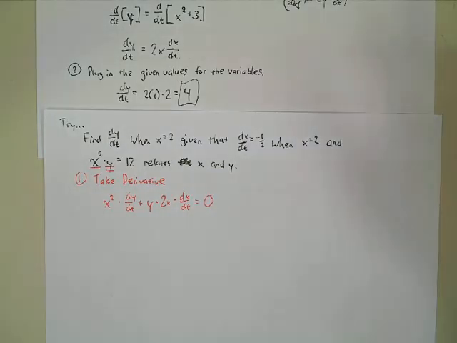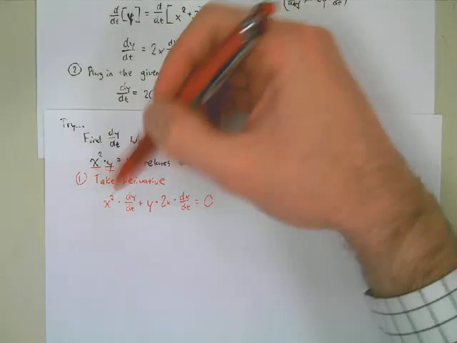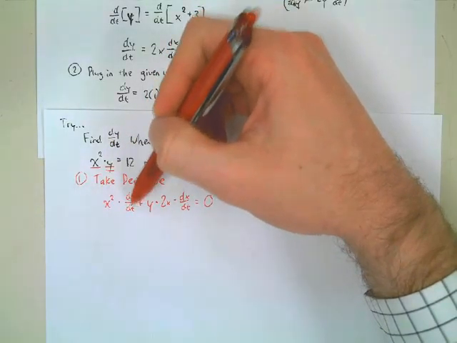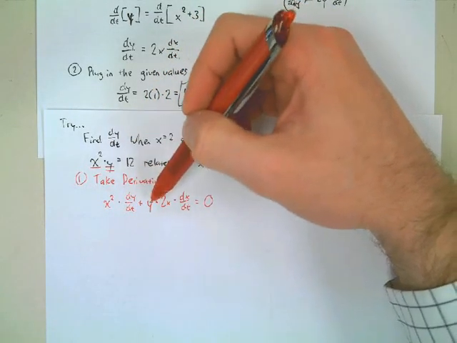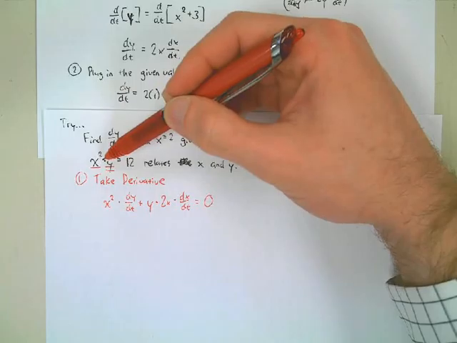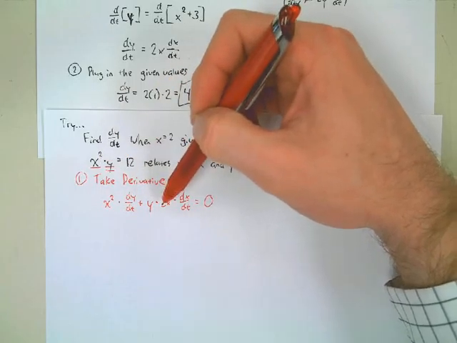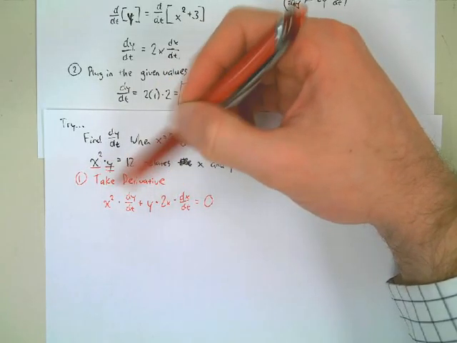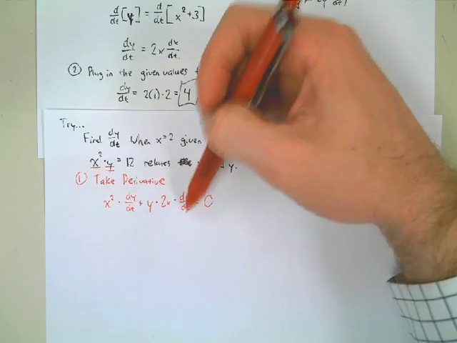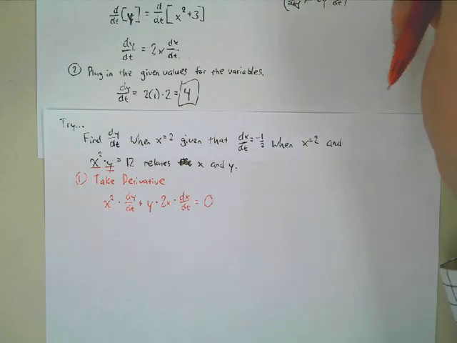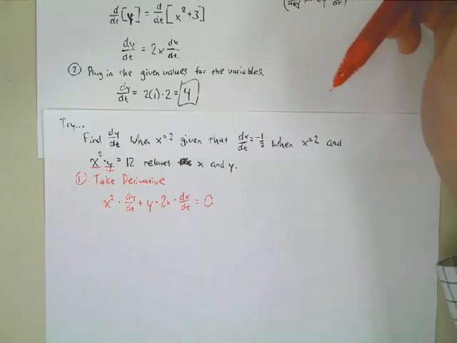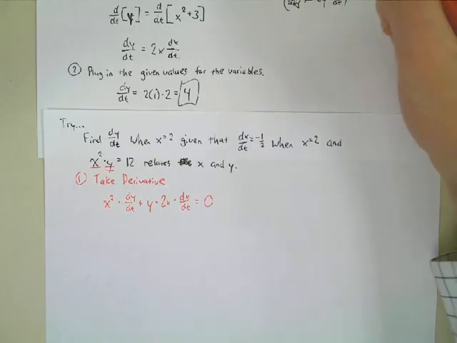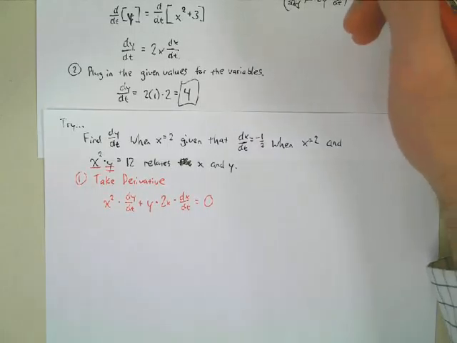So it's the first, x squared, times the derivative of y with respect to t, dy/dt, plus y times the derivative of x squared. The derivative of x squared is 2x times the derivative of what's inside with respect to t, so dx/dt. All right, now what should we do? Plug in values. Plug in the numbers.